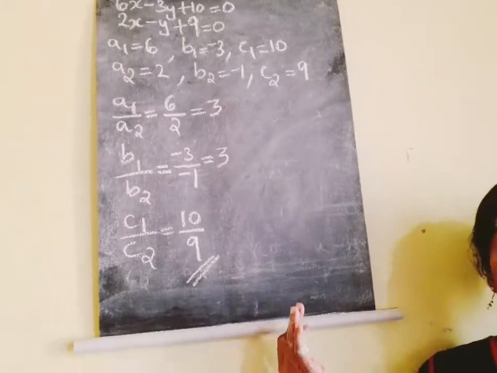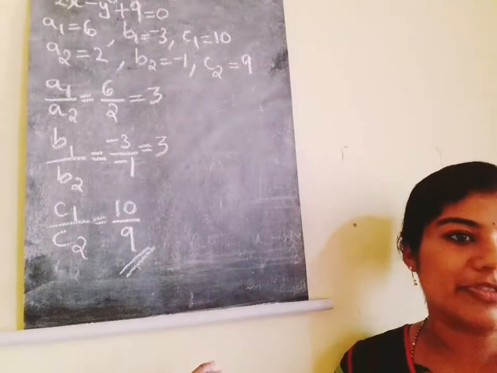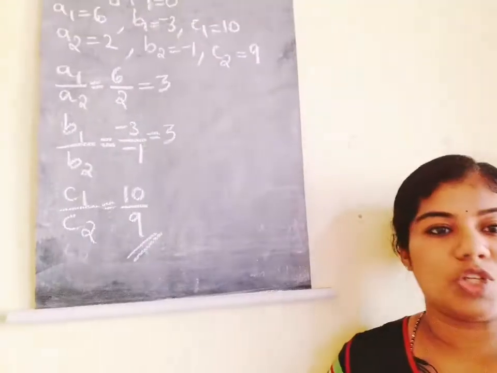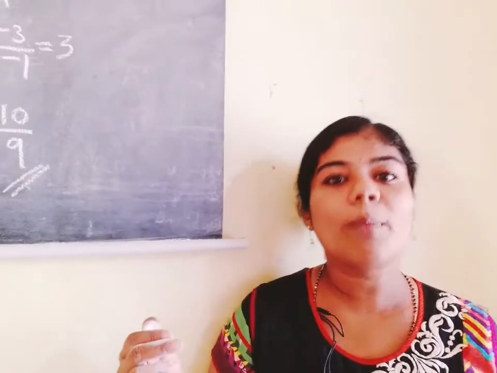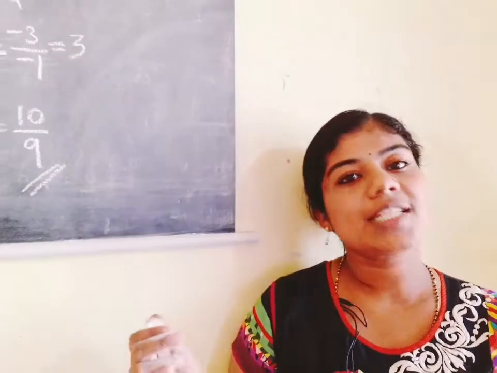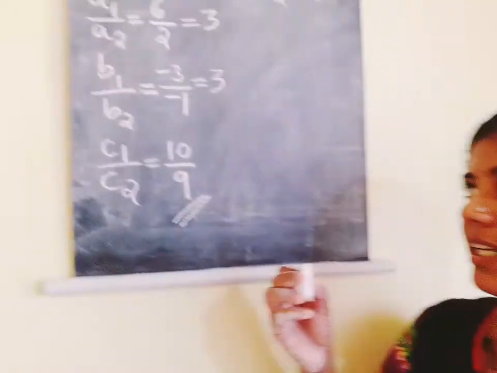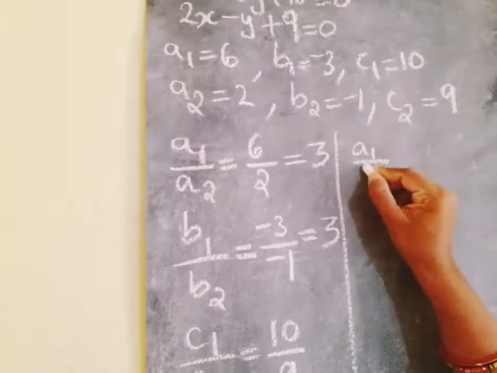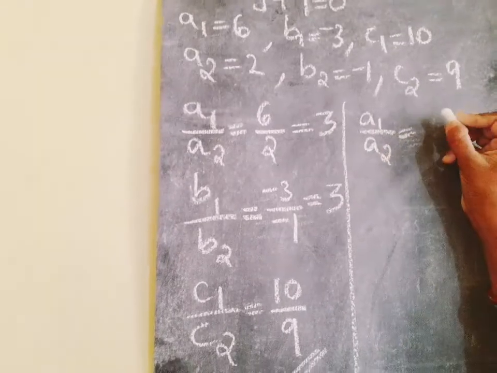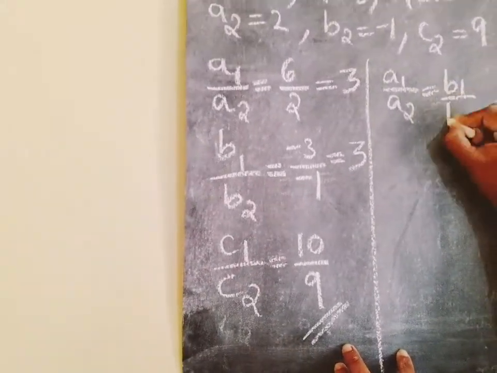Depending on the answers we got, we can conclude that a1 by a2 is equal with b1 by b2, but it is not equal with c1 by c2. So I am writing a1 by a2 equal with b1 by b2.